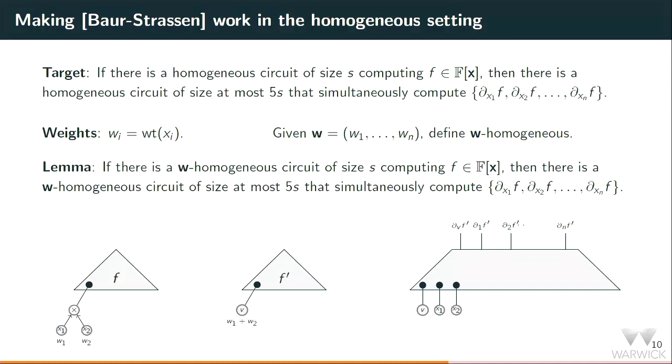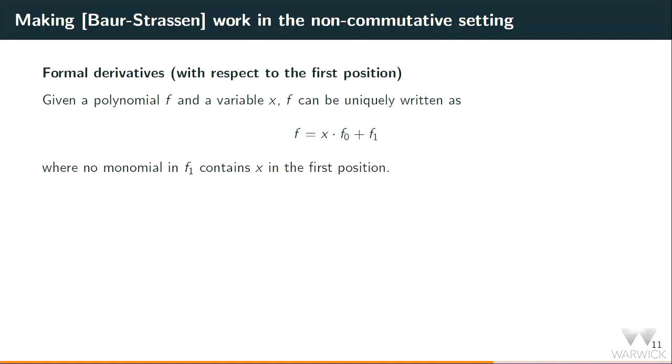For a multiplication gate, each time we collapse, we put the weight of W1 plus W2 instead. Essentially it just works out, and I don't want to go more into it. Also, because we are working in the non-commutative setting, we need to define formal derivatives. So we just have f equal to x times f0 plus f1, where f1 doesn't contain x in the first position. Then the derivative with respect to x will just be f0.